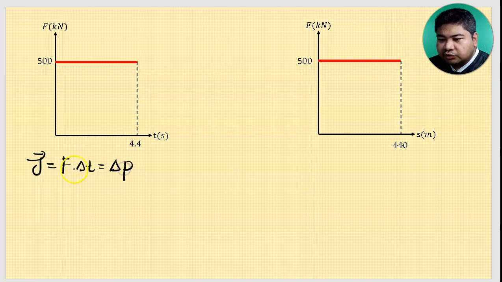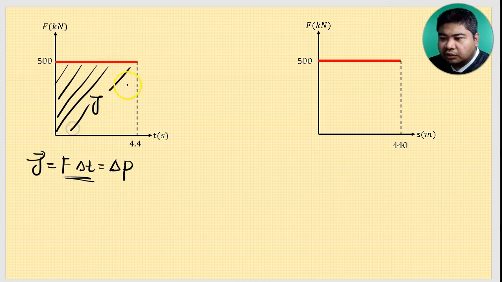From the impulse-momentum theorem, J equals F delta T, which is equal to delta P. So F delta T here is telling us that the area under the graph of F against T gives you the impulse, or the change in the momentum of the object.